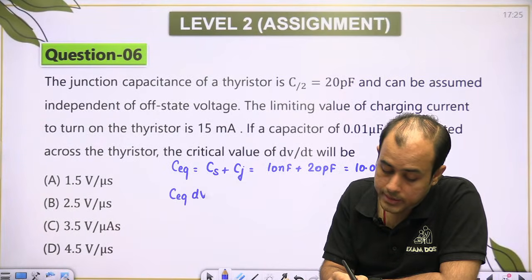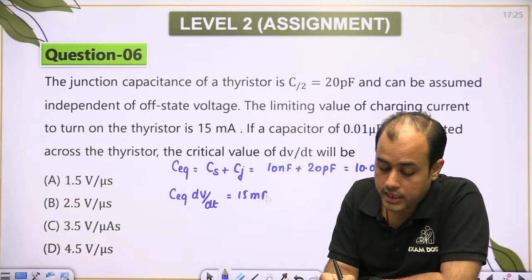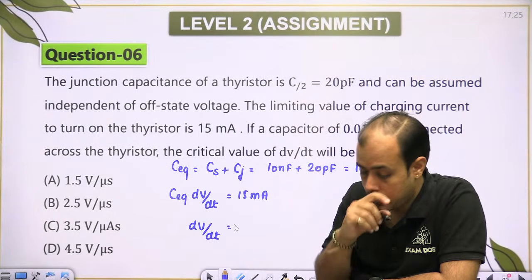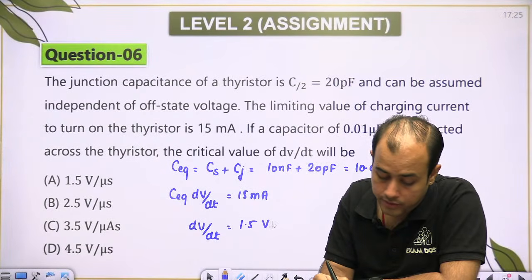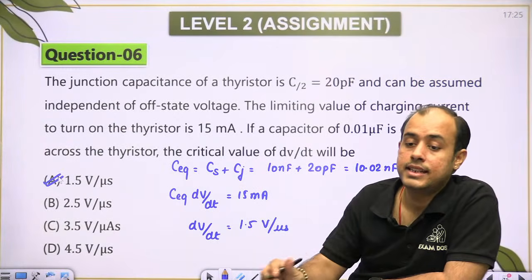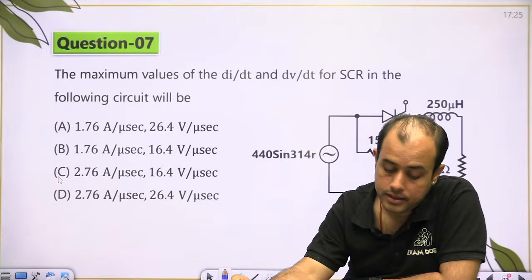Now, the limiting charging current, that is the maximum charging current, is 15 milliampere. So, what is dV by dt? 15 milli by 10 nano, 1.5 volt per microsecond. सिंपल C dV by dt चार्जिंग करंट होता है, उसका मैक्सिमम वैल्यू गिवन है.